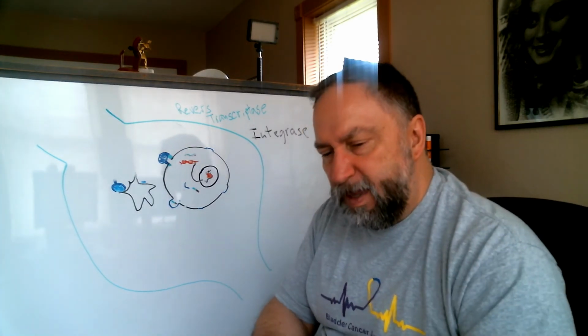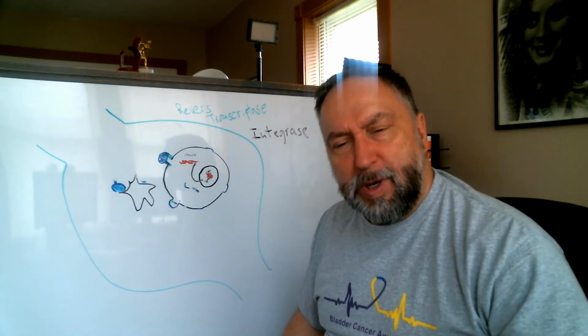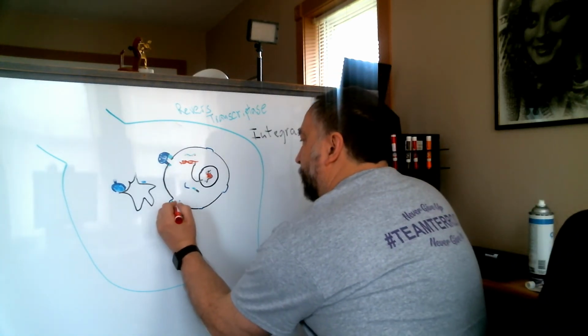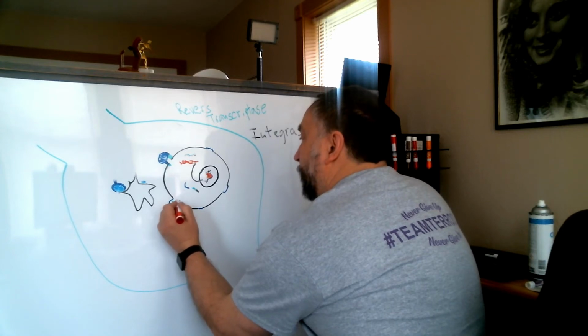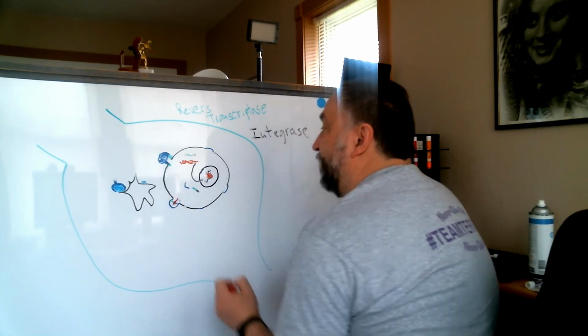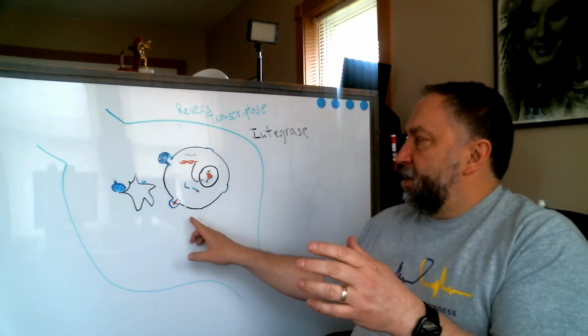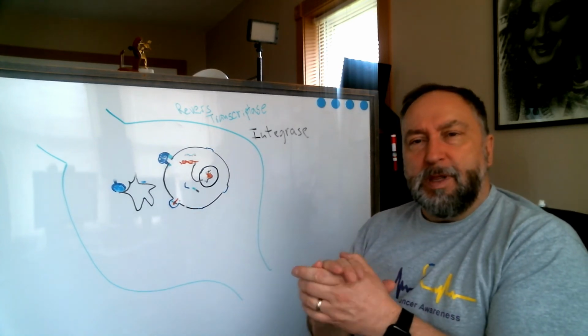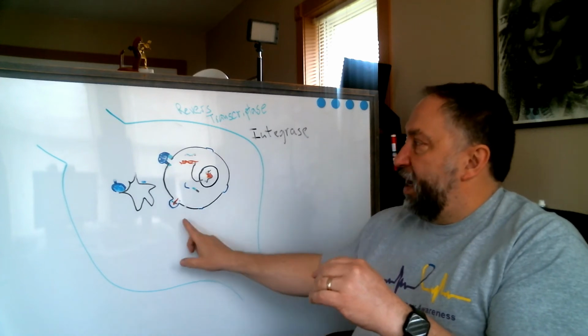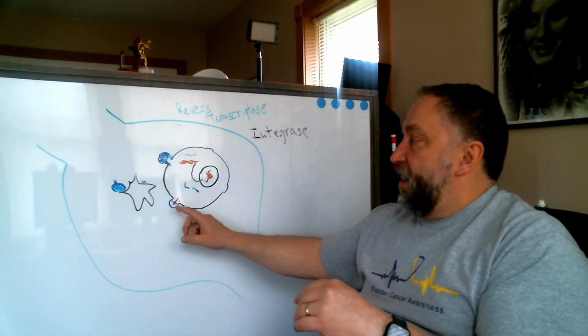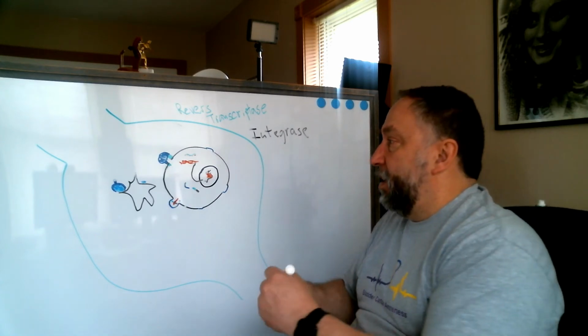And another thing that it makes is a protease, a special protease, kind of like a scissors, and it comes in here too. What it does is it cleaves and cuts that up into the pieces that it needs it to be. So instead of being big long strips of those things, it cuts them up so that now you have reverse transcriptase and integrase in there. And now this thing is ready to bud off.